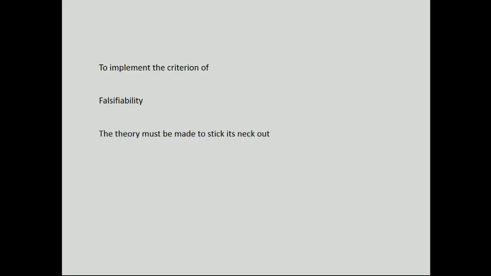The theory hasn't been made to stick its neck out if it's highly likely you'll get supporting results no matter what. That's not sticking its neck out. Sticking its neck out means you've got to say, my God, if this theory passes this test, that would be amazing.